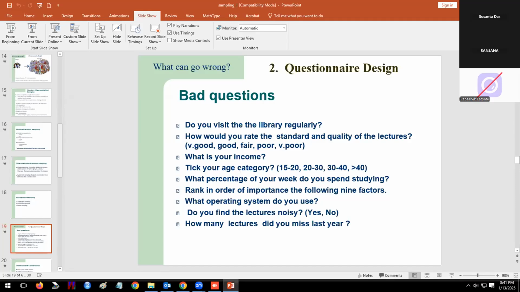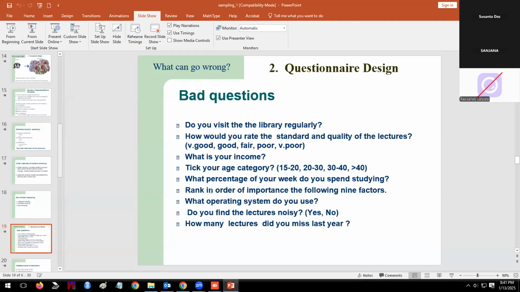Now tick your age category. Usually gents will give the precise answer, but some people say that ladies always underestimate their age. Why, I don't know. What percent of your week do you spend studying? Obviously the answer will be inflated.